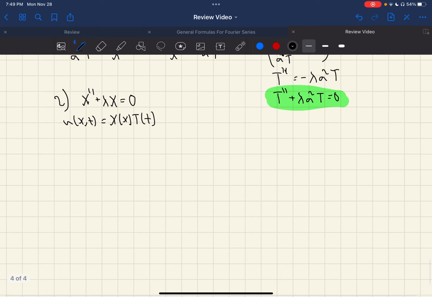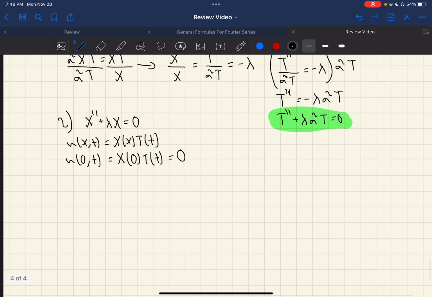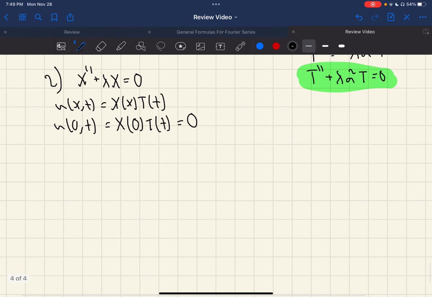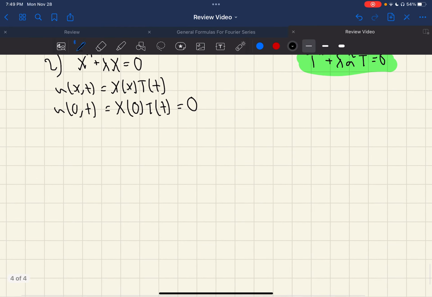So what we do is we take our equations and we plug them into u of x,t, which is this again. So our first one, we look at our left end of our string. So it's X of 0 times T of t equals 0. So in order for this to be true, one of these has to be 0. But we know that t is greater than 0. So therefore we assume that T of t is not 0, which means that X of 0 is 0.